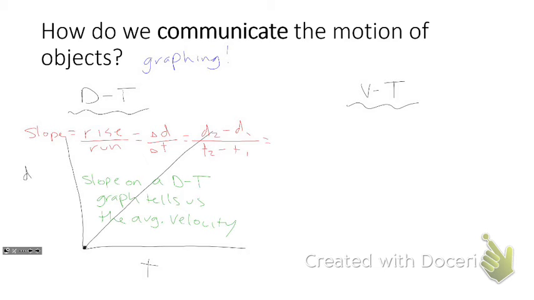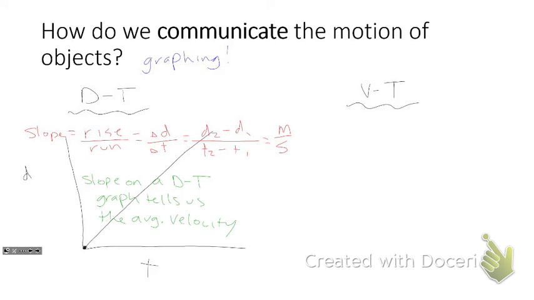What is distance or displacement typically measured in? Meters. And what is time measured in? Seconds, right? So if we divide the change in rise over the change in run, we will get meters per second as our units, which are the units for velocity, right? Okay.